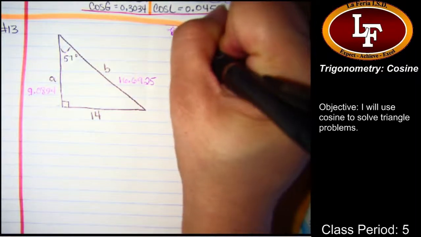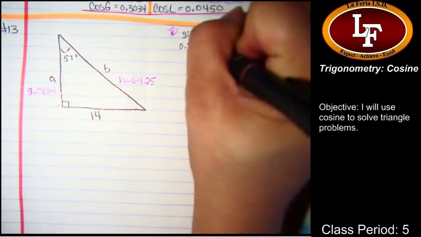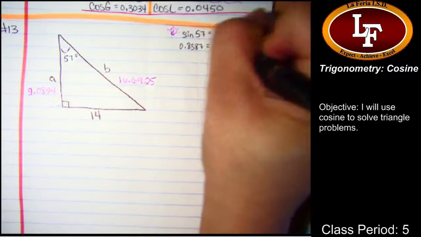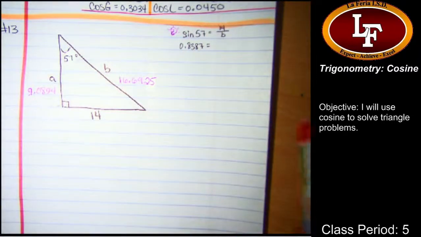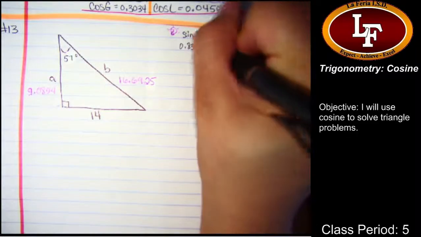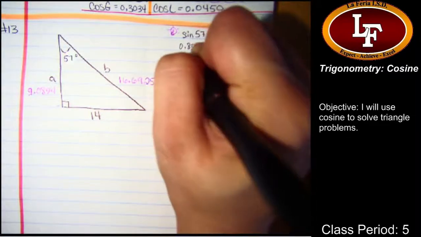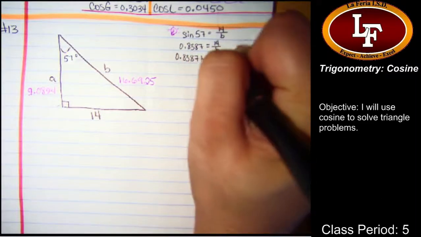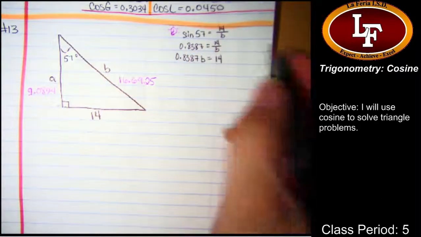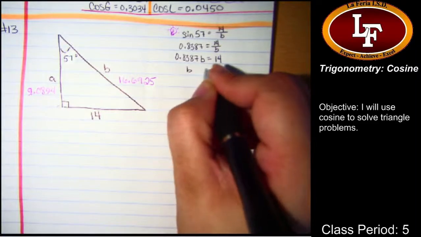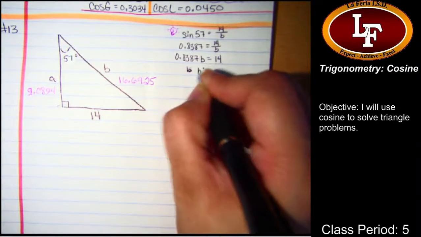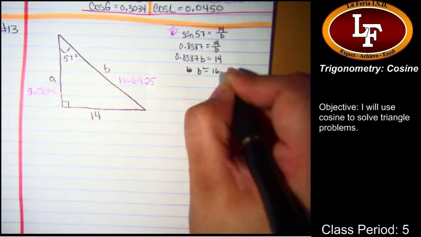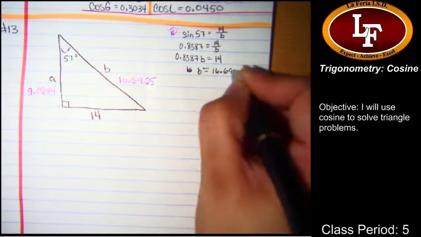We converted the value of the sine of 57 into a number. We used our calculator for that. We multiplied both sides by b or cross-multiplied, whichever way, you get the same thing. And then I divided both sides by that decimal, and it gave me this for b.